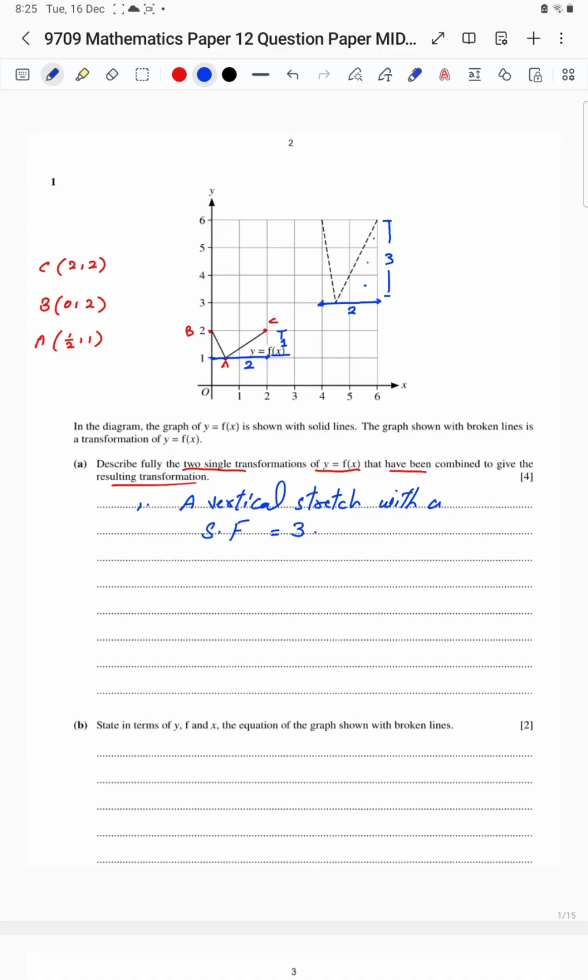Now we have to find the other transformation, that it has been transformed from the solid line to the new one. As the stretch has been done along the vertical axis, upward, with a stretch factor of 3, only the y component should be multiplied by 3 to see what comes. Here this has been transformed with a stretch factor of 3.